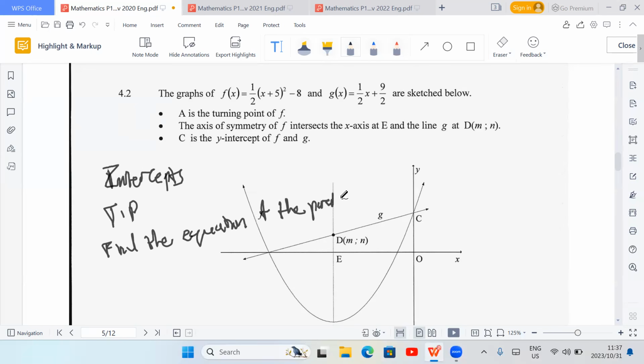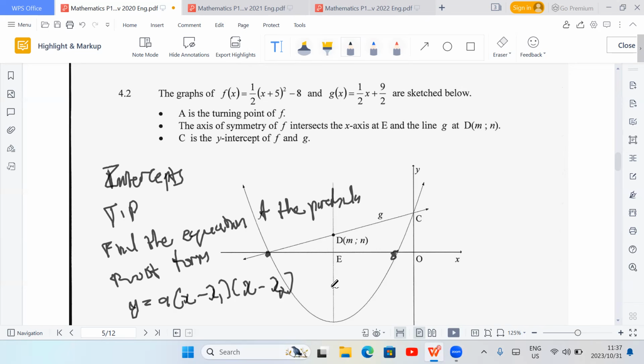You can find the equation of the parabola using the root form equation. With the root form equation, that's when you do this, x minus x1, x minus x2. You only use this approach if you are given the intercepts here, right? And any other given point. The other given point can be in the form of a y-intercept.